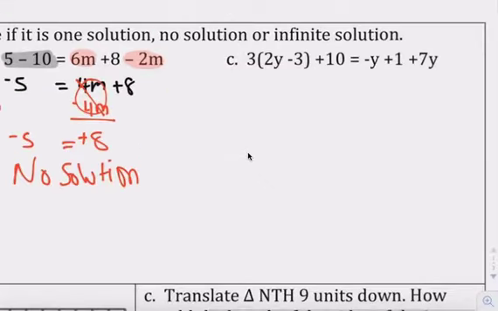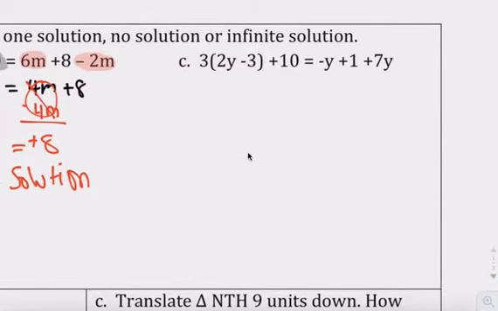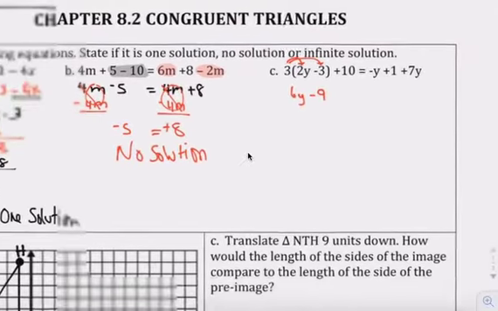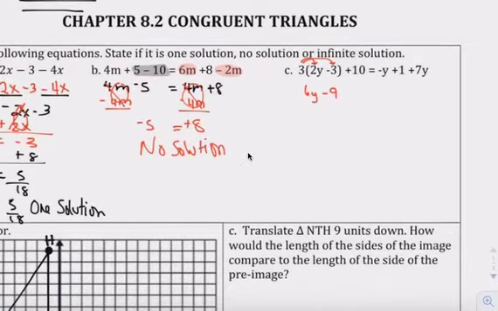Okay, this one here, you need to distribute first. You get 6y minus 9. For those of you who write slow, I'll try to go back.